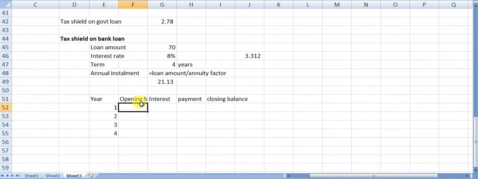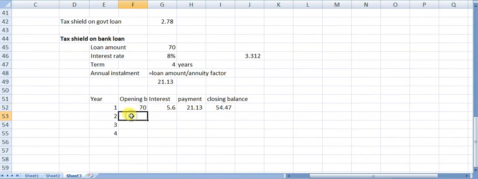Opening balance is anyway 70. Interest will be, guys, this 70 into 8%. Payment is always 21.13. Closing balance has to be 70 was already there, plus interest gets added, minus payment.